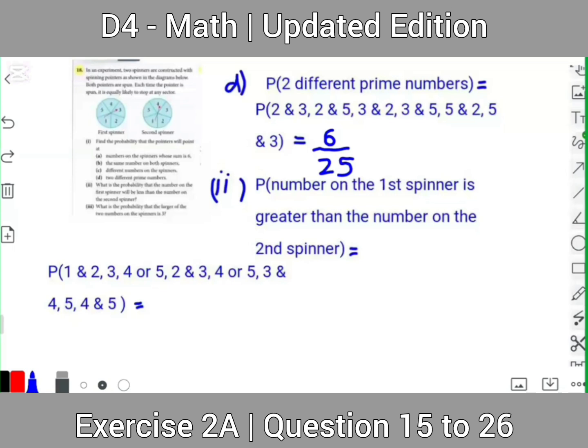In part 2, what is the probability that the number on the first spinner will be less than the number on the second spinner? So the probability that the number on the first spinner is greater than the number on the second spinner will be: 1 and 2, 3, 4, or 5; 2 and 3, 4 or 5; 3 and 4 or 5; 4 and 5.